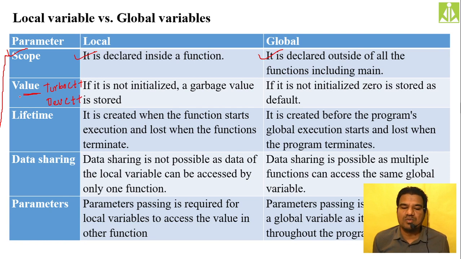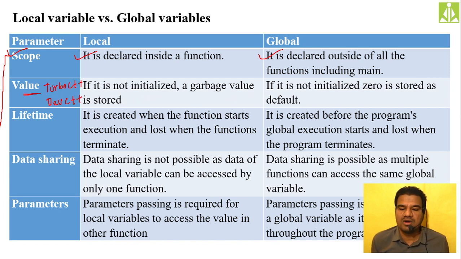So in Turbo C compiler, generally whatever difference we are seeing over here is based on Turbo C compiler, but not based on Dev C++ compiler. In Dev C++ compiler, for both you will expect zeros over here.